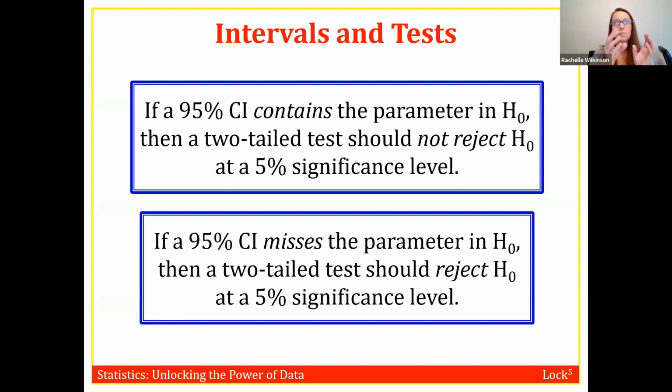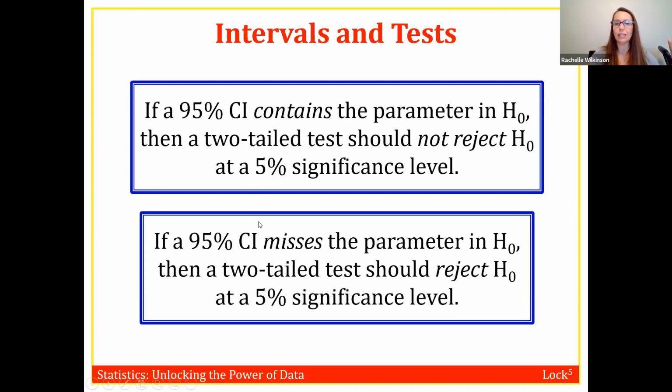They basically go hand in hand. So if I am basing my conclusion in the hypothesis test on a 95% confidence interval, then if I take 1 minus 95%, that means my significance level is 5%.